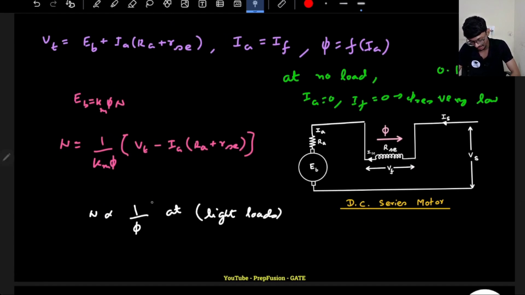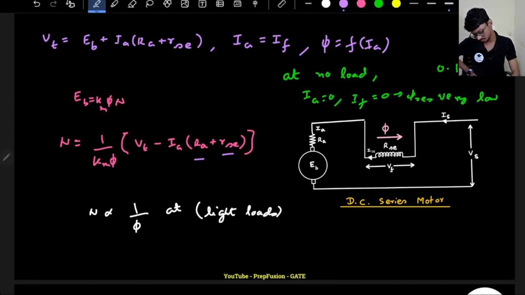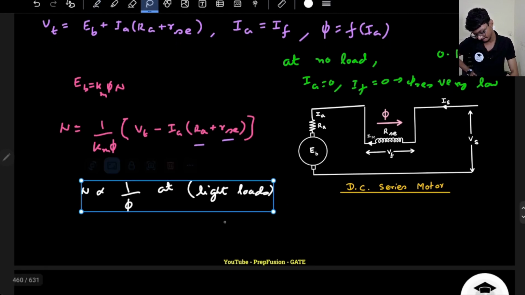So at light loads, my speed depends both on the flux changes as well as the current. For light loads this drop is very low, because Rse is also very low and Ra is also very low. Light load speed is inversely proportional to flux.